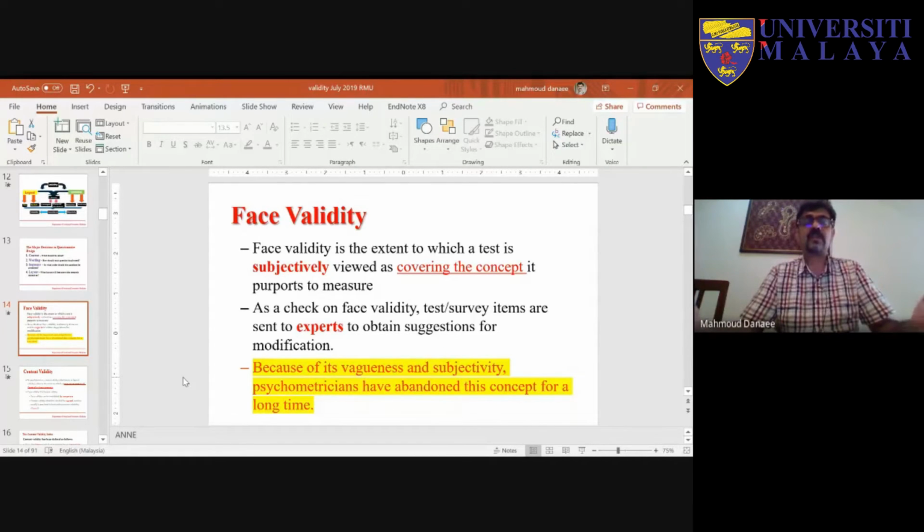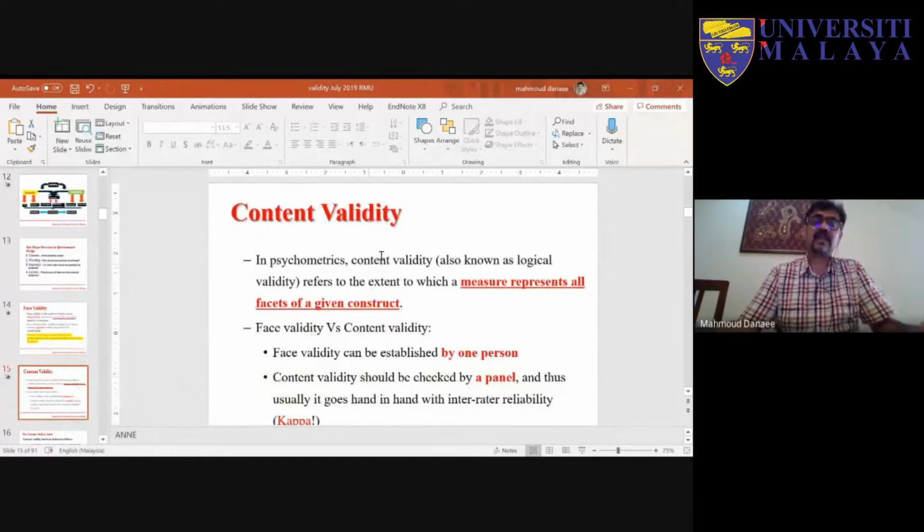And of course, when you design the items and questionnaire, it should be easy to understand. And all of these are related to the face validity. The content validity, as I mentioned earlier, is about relativeness and logic.